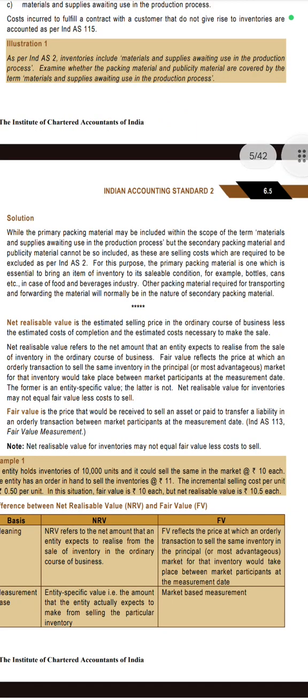Now there is a concept called net realizable value. Net realizable value is the estimated selling price in the ordinary course of business less the estimated cost of completion and the estimated cost necessary to make the sale. It refers to the amount that the entity expects to realize from the sale of inventory in the ordinary course of business.